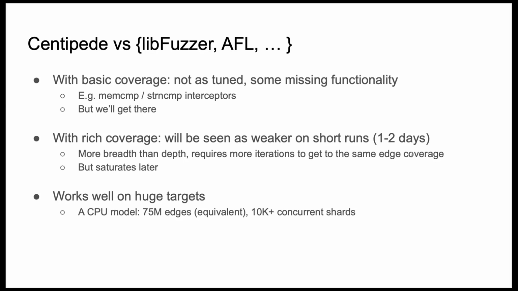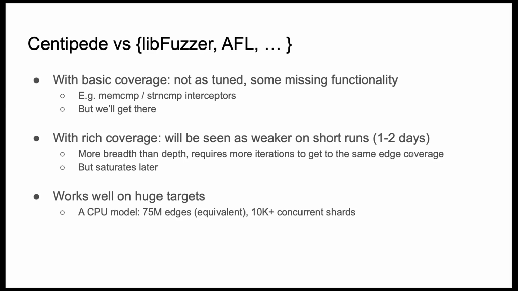If you use shallow coverage, the engine goes deep, and your measure of success is depth. Given that measurement, Centipede will probably lose over a short distance of several days of fuzzing. However, on FuzzBench, most fuzzers saturate after a few days, while with rich coverage, Centipede doesn't saturate. It keeps finding new things and building this breadth.